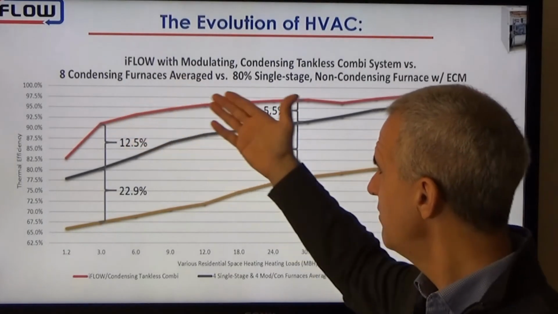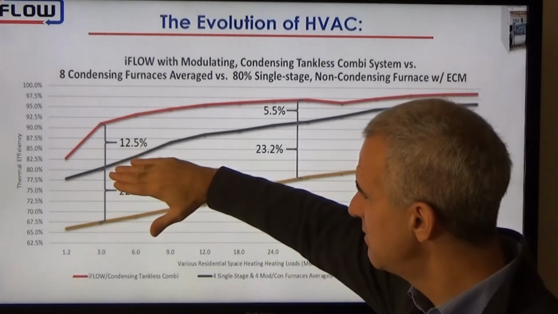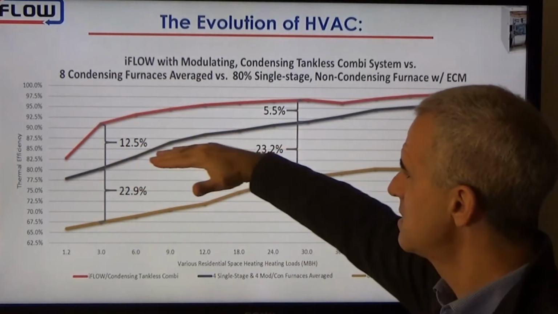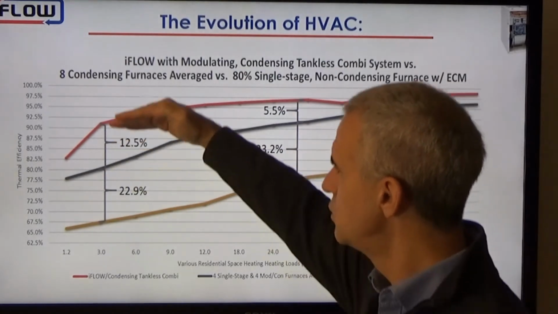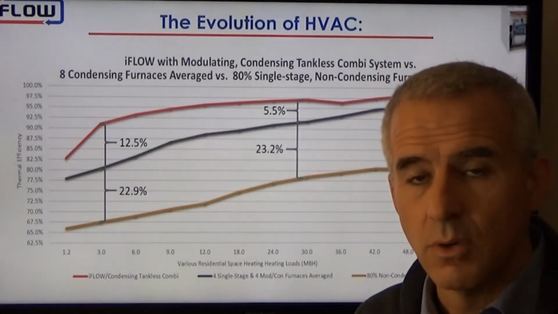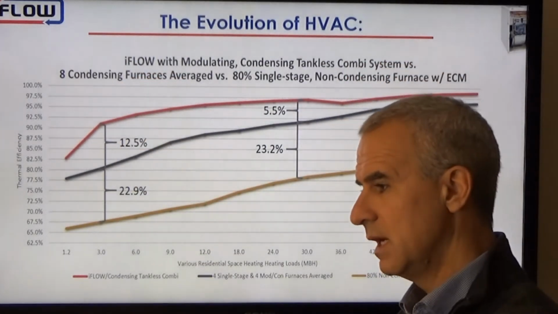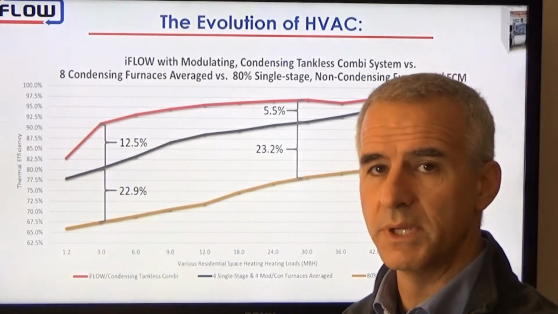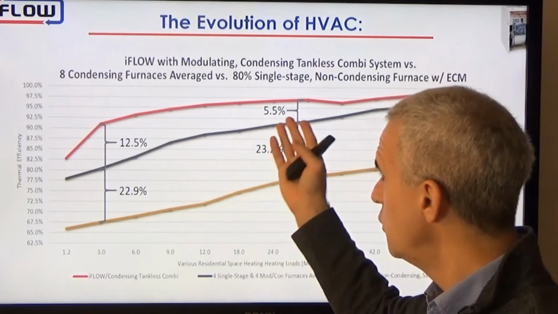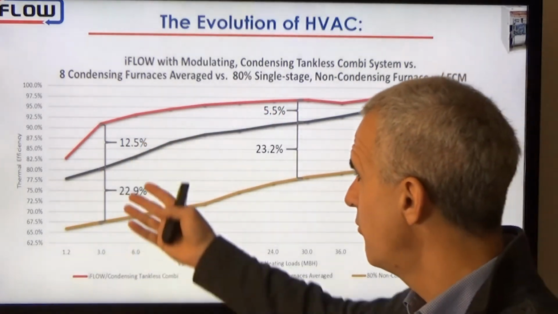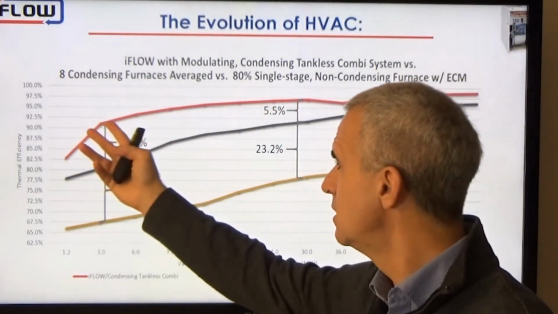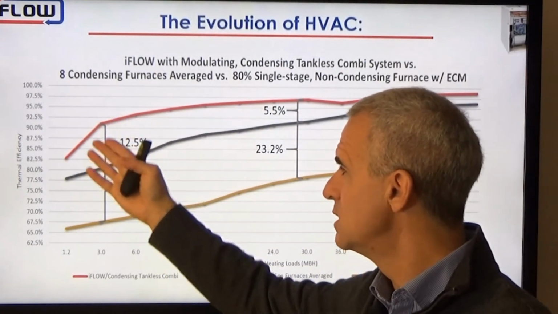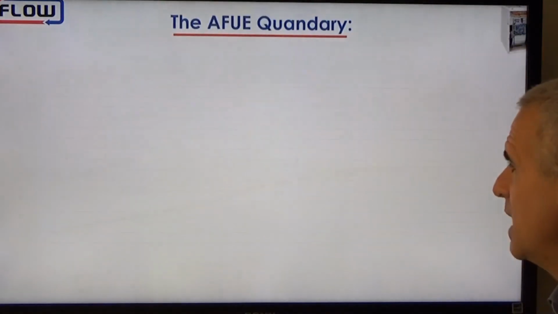The iFLOW Navien combination system now takes even that condensing furnace line and jumps it up another level. So it's kind of a momentum shift, if you will, in the efficiency performance of your HVAC equipment, offering you a better solution. Why? Because we're able to modulate better at the lower end. So again, it's not magic.